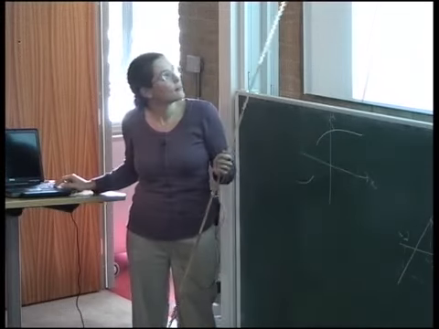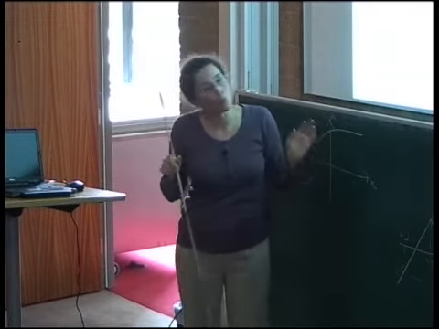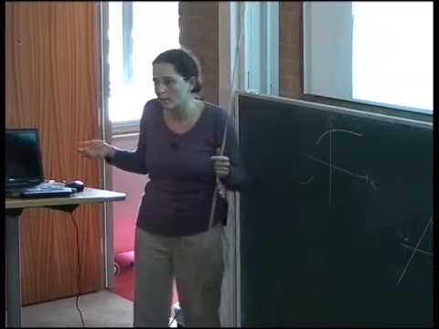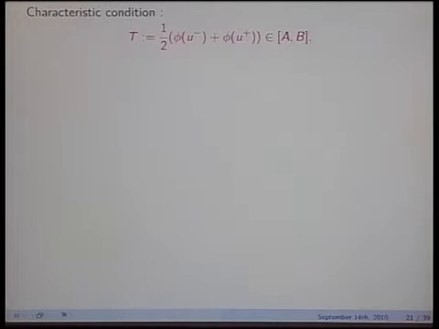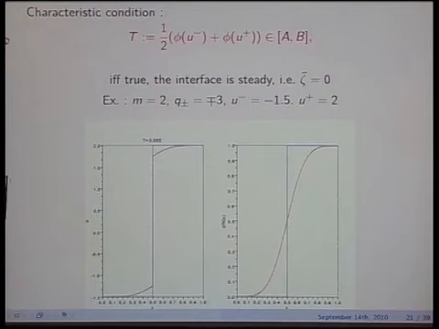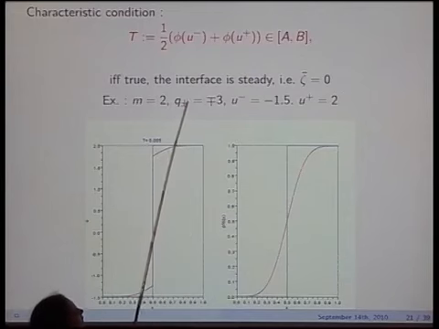Here it looks kind of nice with A and B being -1 and 1. You just have to check that this value is within -1 and 1. If it's within -1 and 1, the interface is steady.